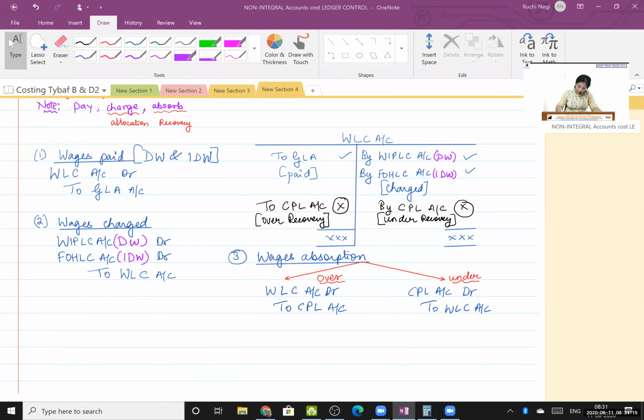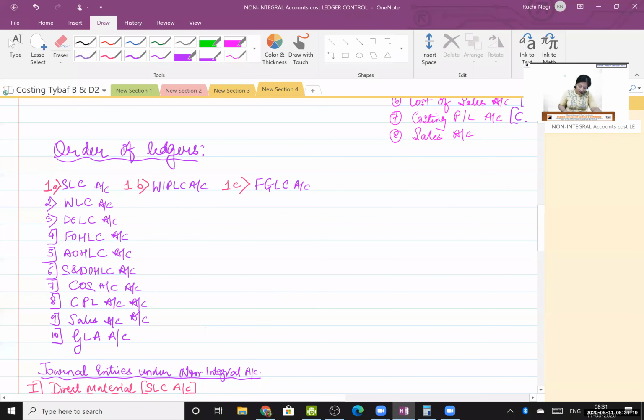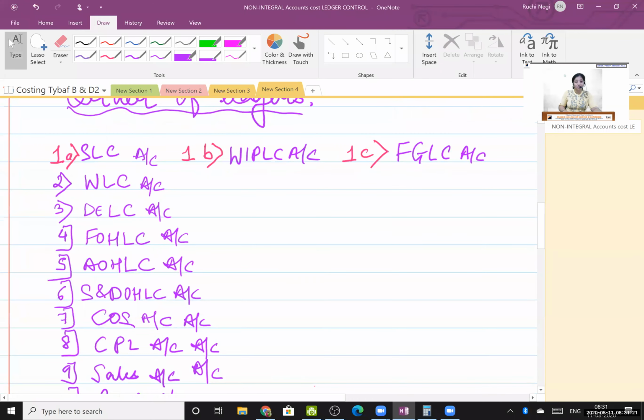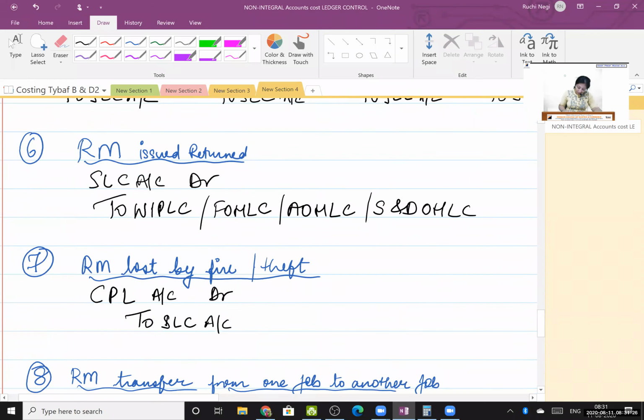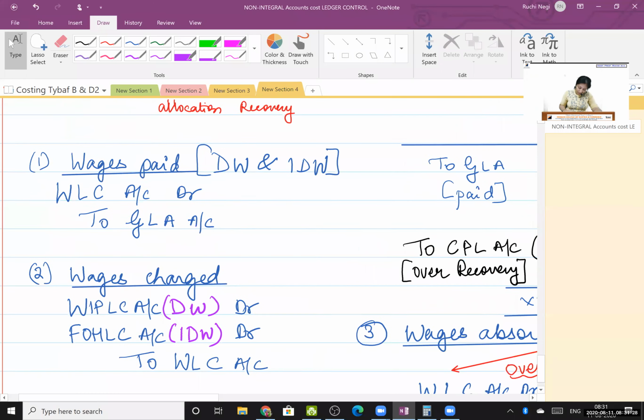Next, next is what? Direct expense ledger. Same thing. Pay, charge, absorption, same thing.